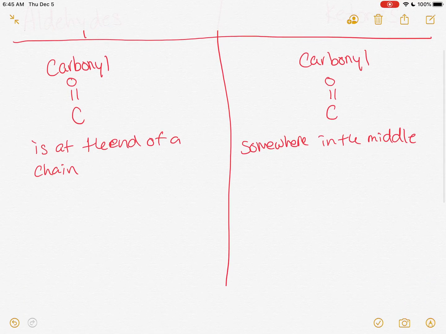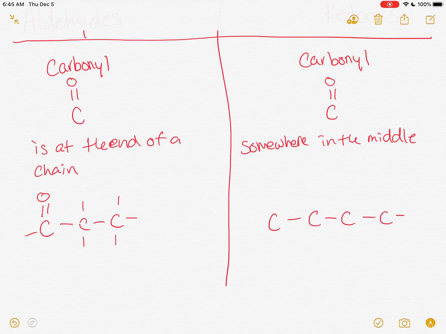So an example of an aldehyde, we've got a carbonyl here, and we've got a 3-carbon chain here. So that one's an aldehyde. And then we've got a carbonyl here, but it's not at the end, it's somewhere in the middle. And so that one's a ketone.